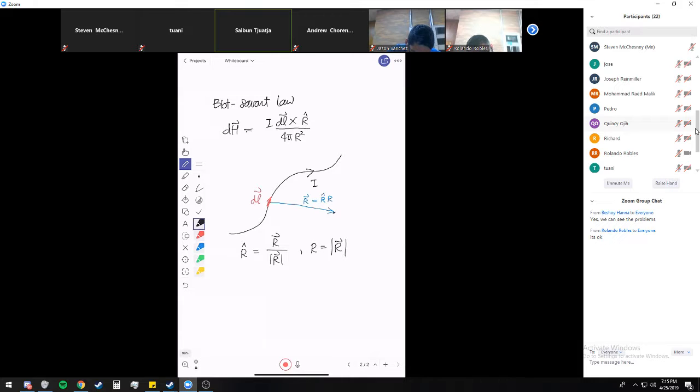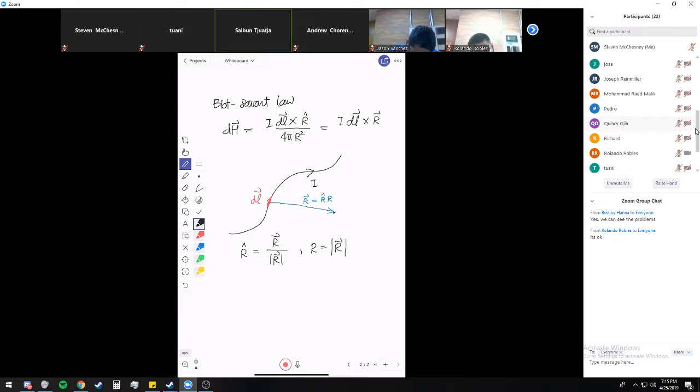Correct? So this is critical for you, the basic vector analysis. You need to know that. So dH is basically this vector, of course it has direction, cross with this vector, and divided by the distance, 4 pi R squared. Now, I can combine this, and I can have it this way. This is equal to I dl cross with this R vector.